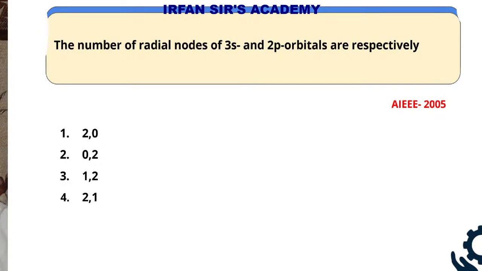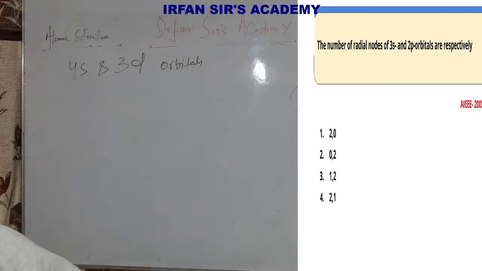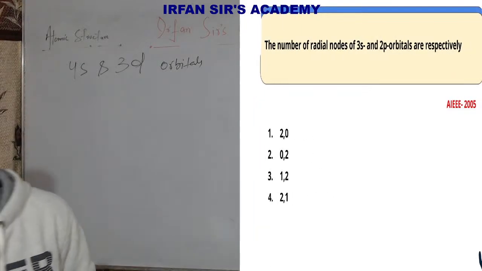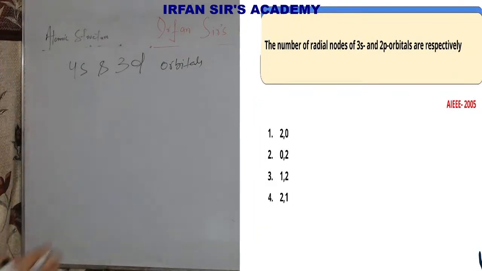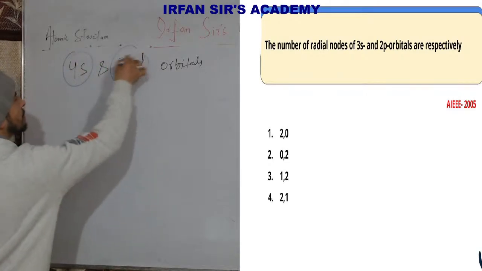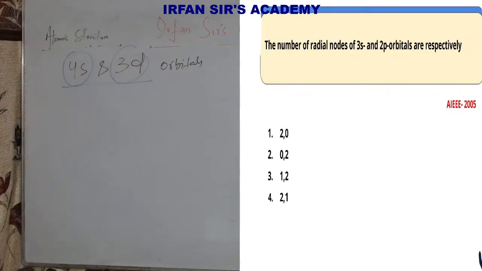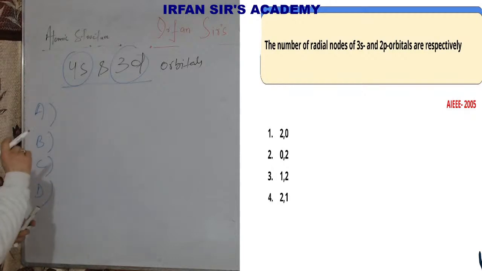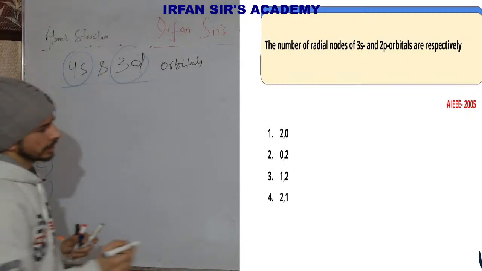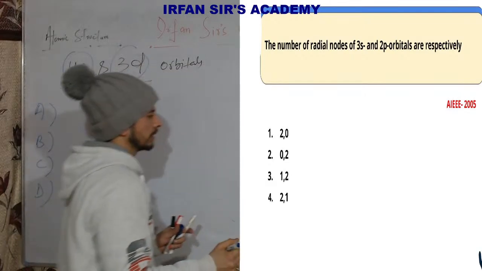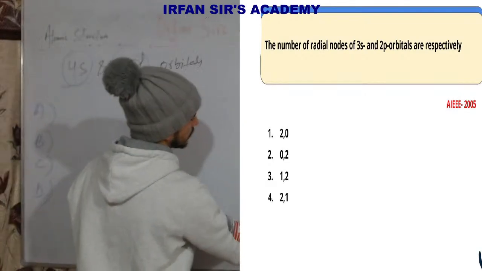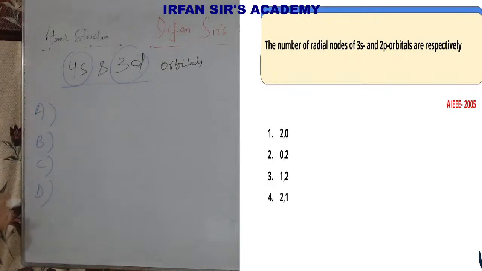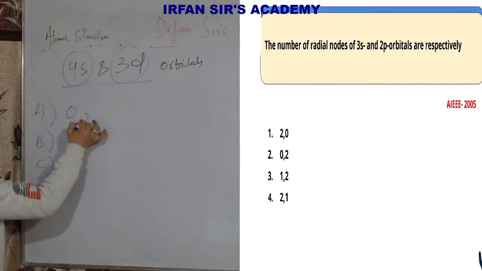Tell me the answer for this: the number of radial nodes in the 4s and 3d orbitals. I will give you some options, A, B, C, and D. One is 0, 1.